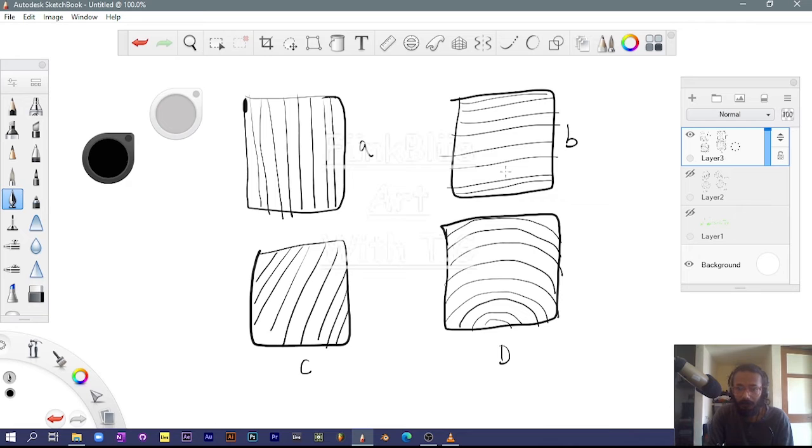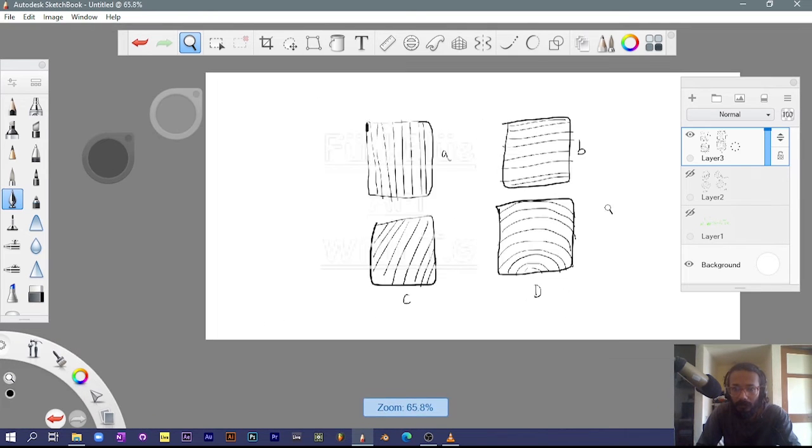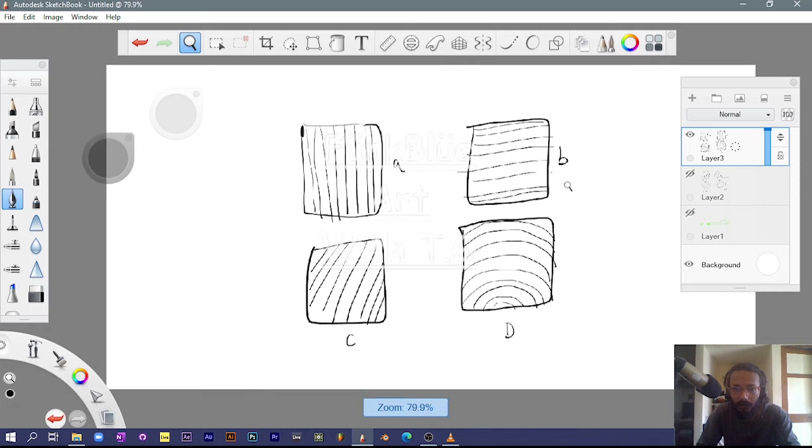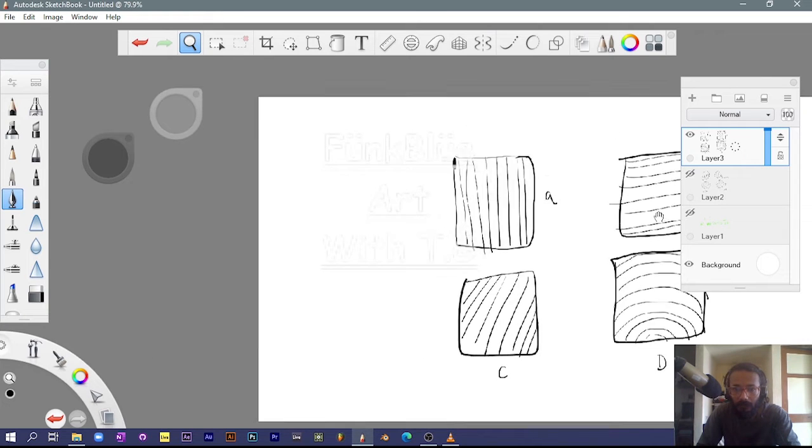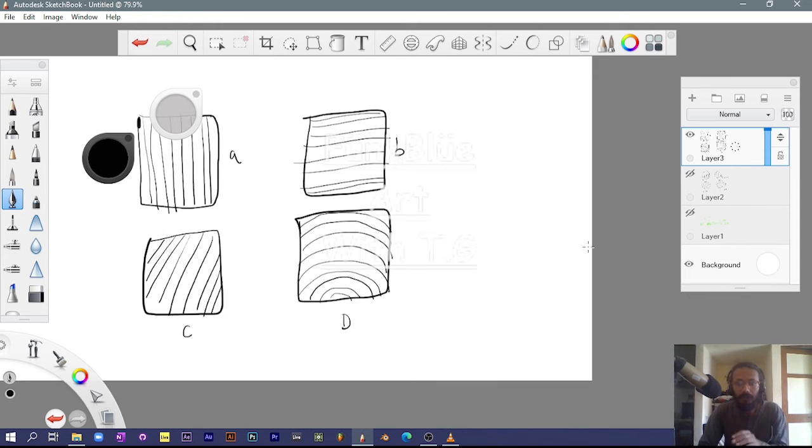So for today's video, this is a short video explaining how each line can give a different feel, and we can also experiment, of course. Let's zoom out a little bit. Okay, and then we'll go here, and let's do one more square, and then we'll have a different line.